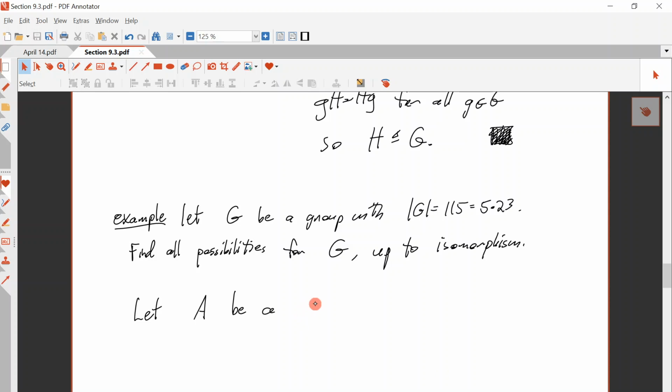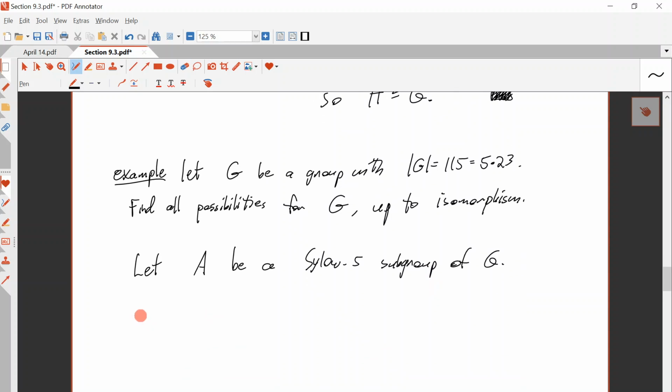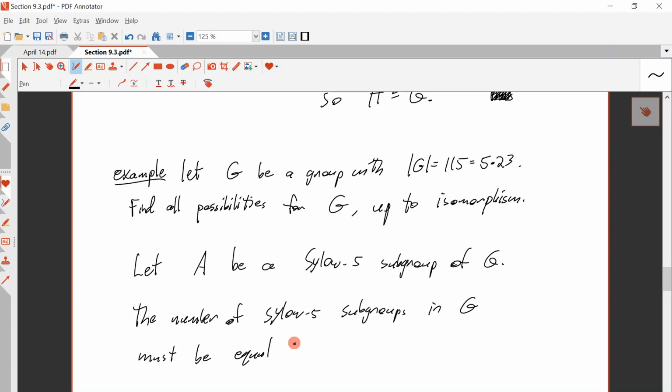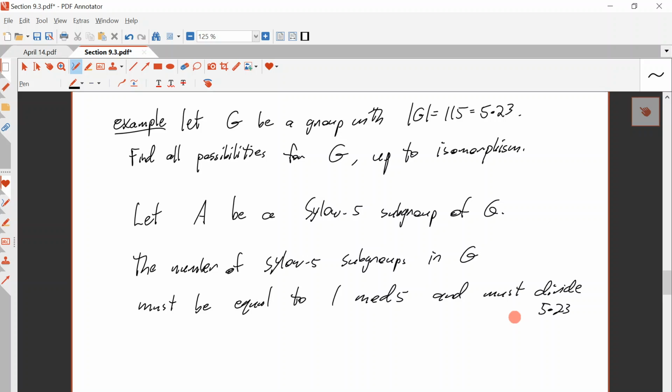Let A be a Sylow 5-subgroup of G. The number of Sylow 5-subgroups in G must be congruent to 1 mod 5, and must divide 115, which is 5 times 23.